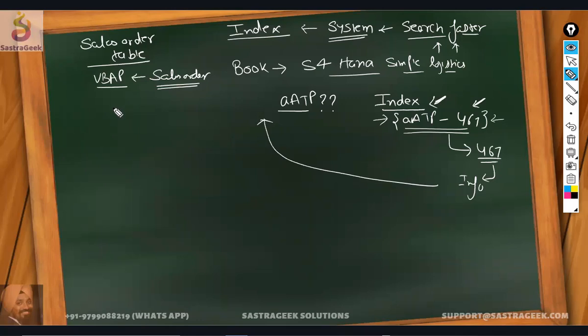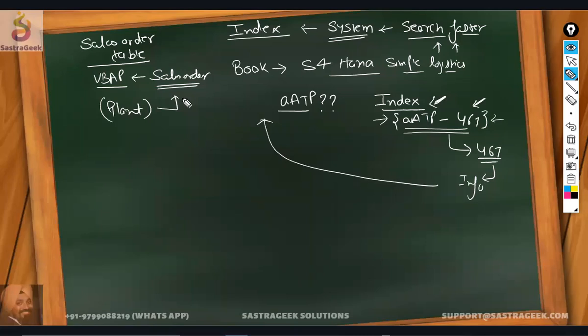But if you want to search your data based on plant in the VBAP table, in an ECC system, not S4 HANA, where plant is not there as an index, you will see that it takes a huge amount of time. But as soon as plant has been created as a secondary index, you will see the performance has improved like anything, and the results come much faster. So that's what the index does.